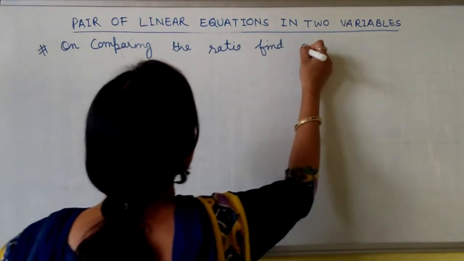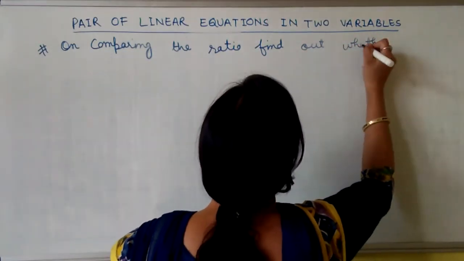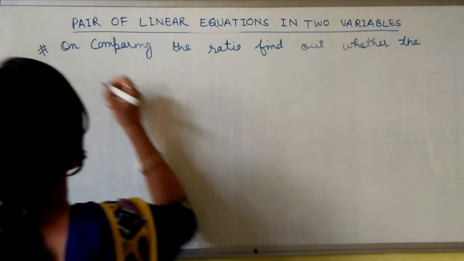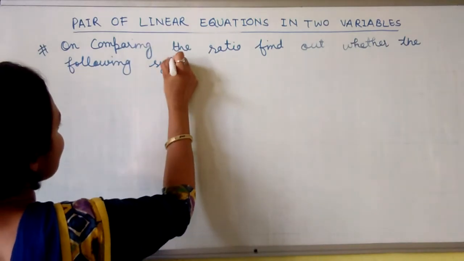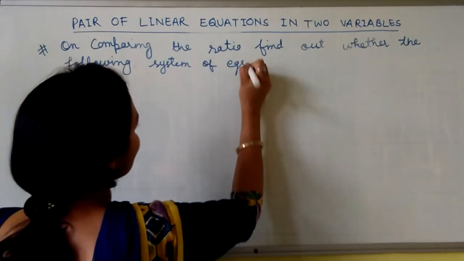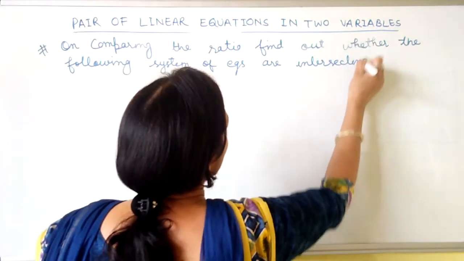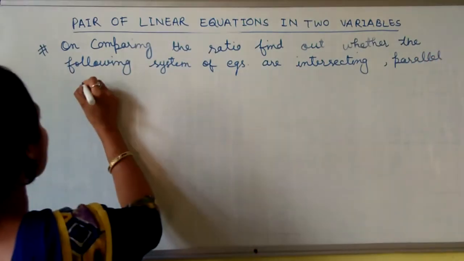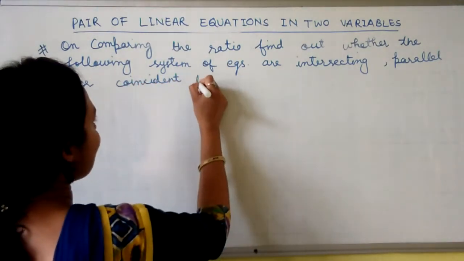On comparing the ratios, find out whether the following system of equations are intersecting, parallel or coincident lines.